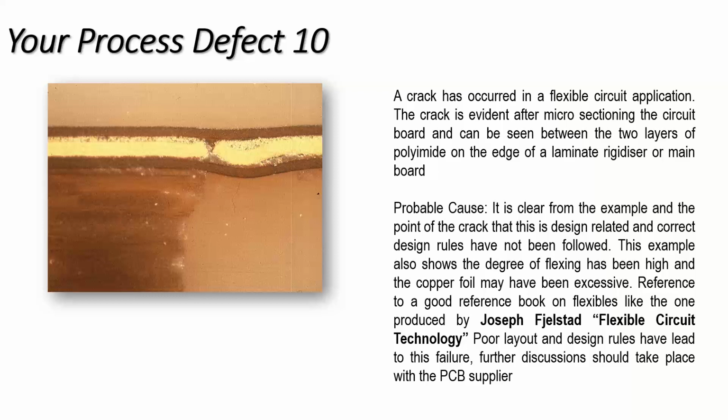So the flexible circuit is mounted to a rigidizer strip, part of the original board possibly, but you've got this cracking. Now, flexible circuits are designed to flex continuously for hundreds of thousands of flexes, or they're just designed to flex to put into a product. So again, you have to design the flexible in a way which gives you what you want.